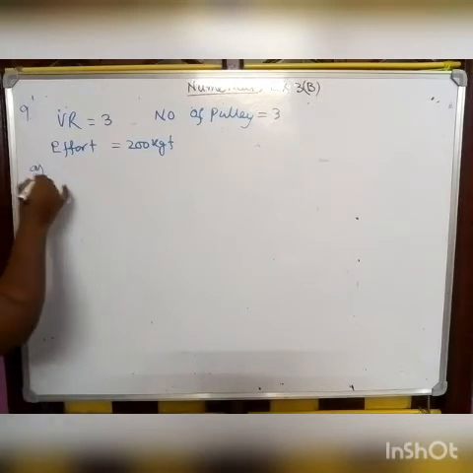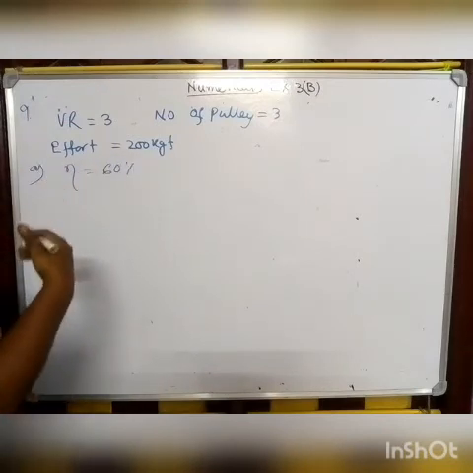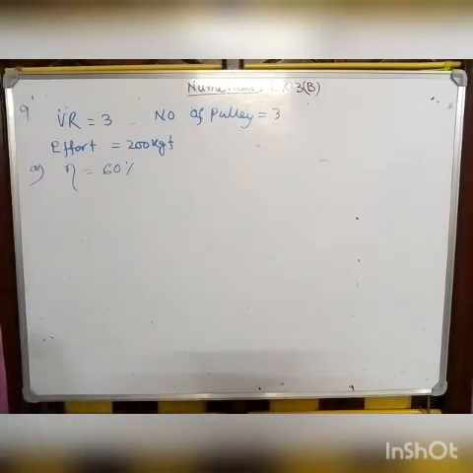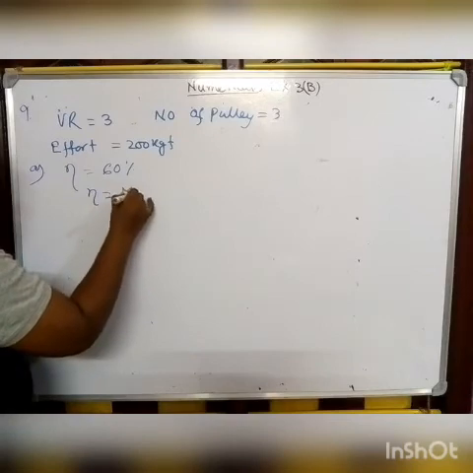Question number 1. Efficiency is given as 60%. How much load can be lifted? Before finding the load, as I have already told, to find the load or effort we need to calculate the mechanical advantage. Here you see no mechanical advantage is given. So first we have to find the mechanical advantage.